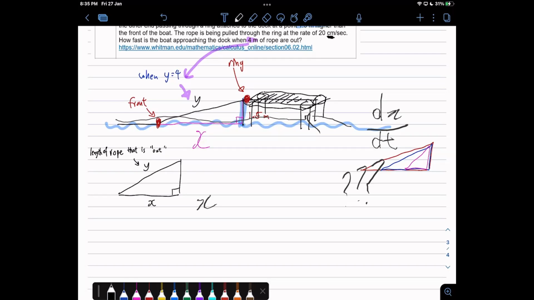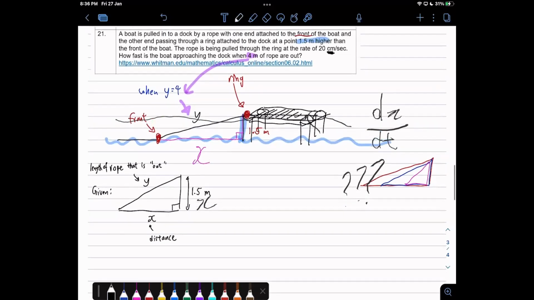Then x is like the distance, just like the car and the bottom of the helicopter, or rather the bottom of the perpendicular dropped from the helicopter. That's the distance. Then this vertical one is a fixed 1.5. What's the units? Meters. Okay, this is given information.